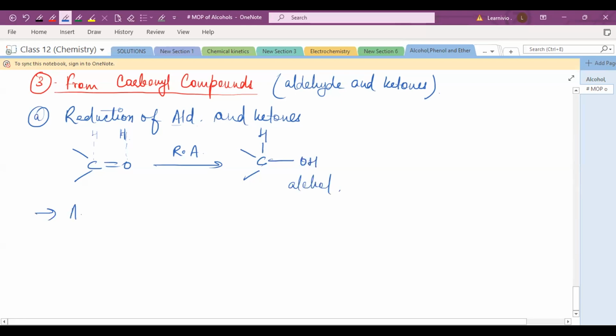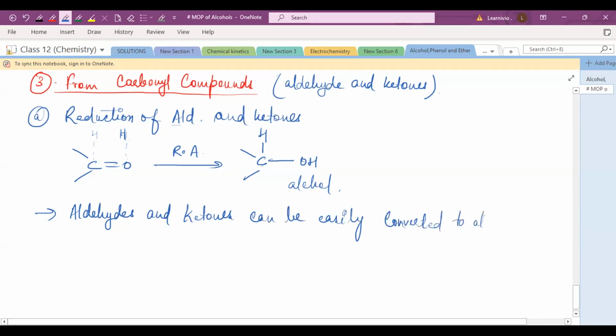So see, write down first, aldehydes and ketones can be easily converted to alcohol using suitable reducing agent. Reducing agent, such as, write down the example.